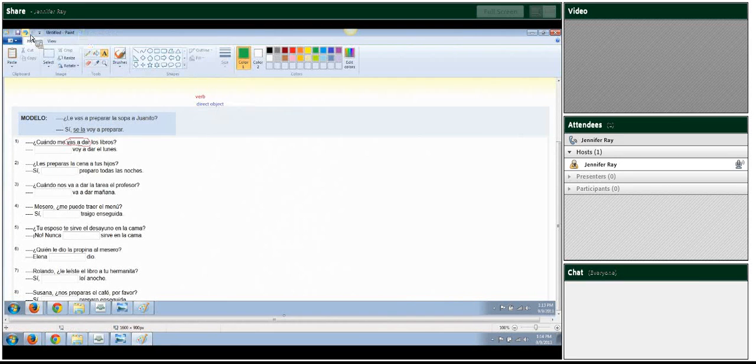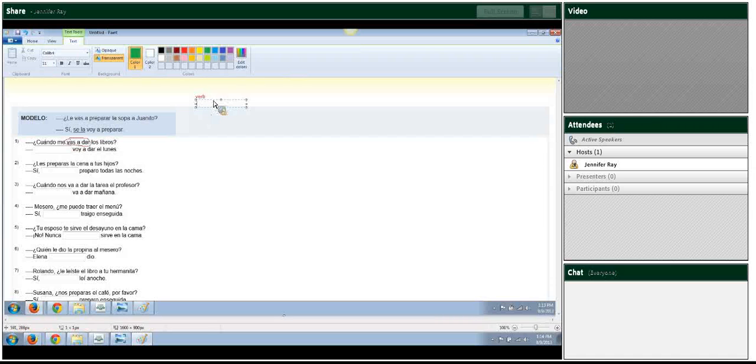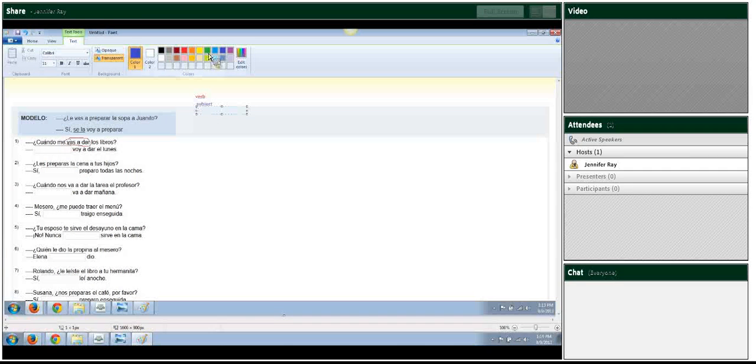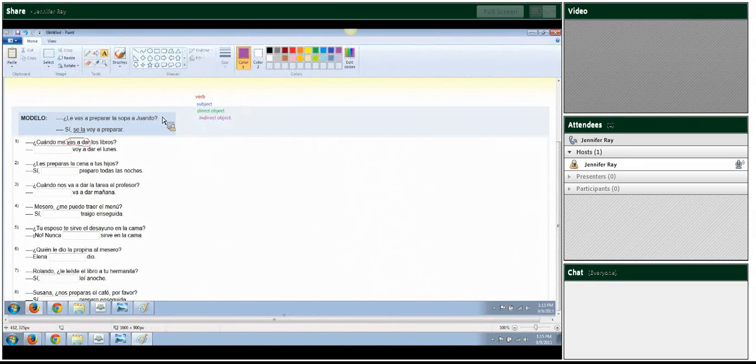Let me go back. I don't use those colors. I use verb, subject, object, and indirect object. Okay, so there's my verb.